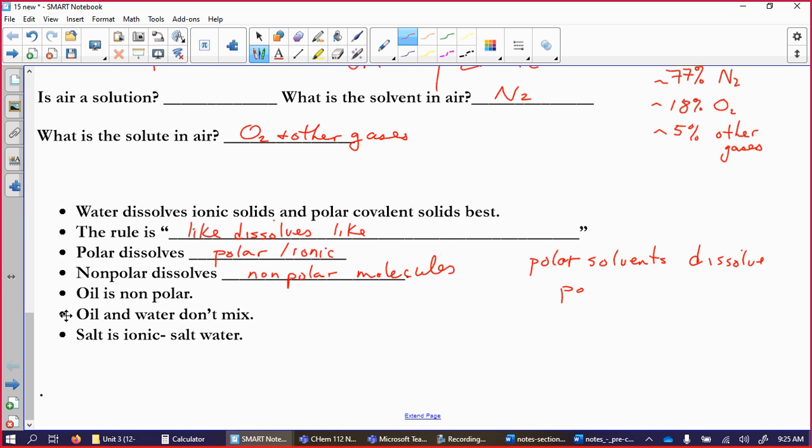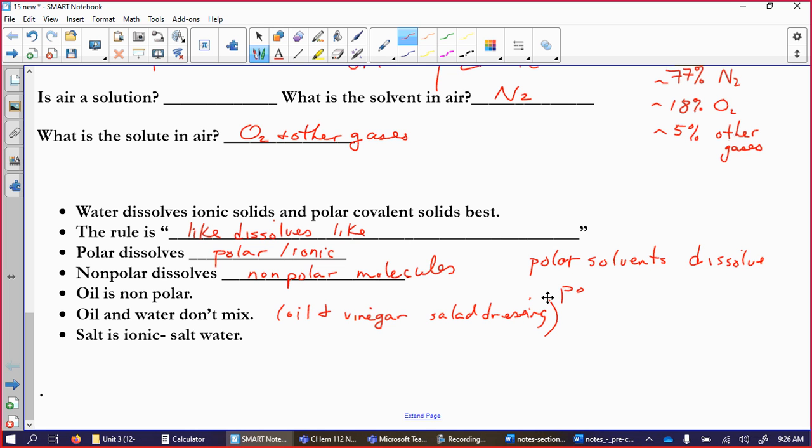Water is your typical polar solvent. Oil, like vegetable oil or canola oil or any of those, is nonpolar. Oil and water don't mix. Oil and vinegar salad dressing, if you have those in your kitchen, separate after a while because oil is nonpolar and vinegar is a solution of acetic acid in water.